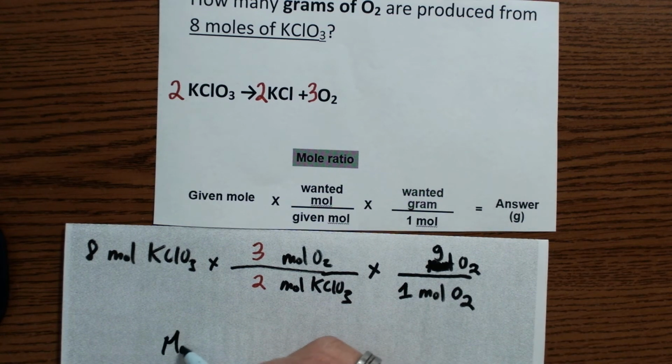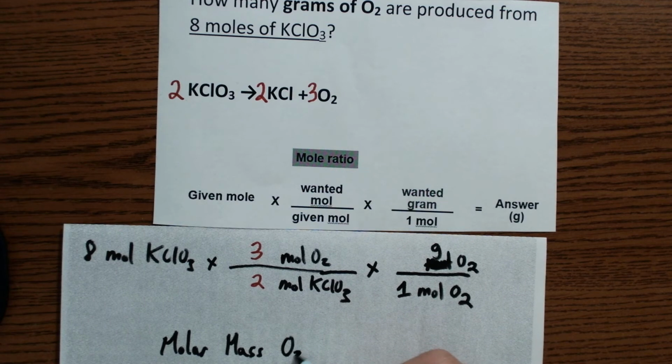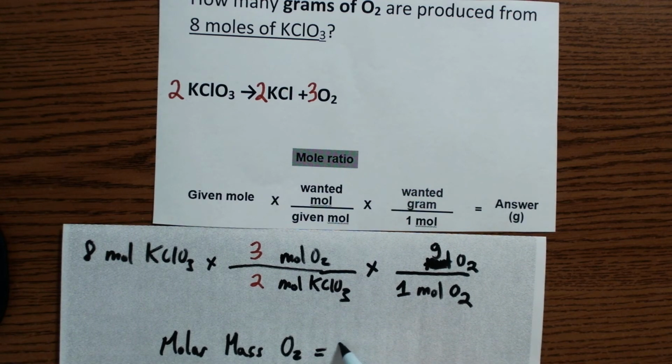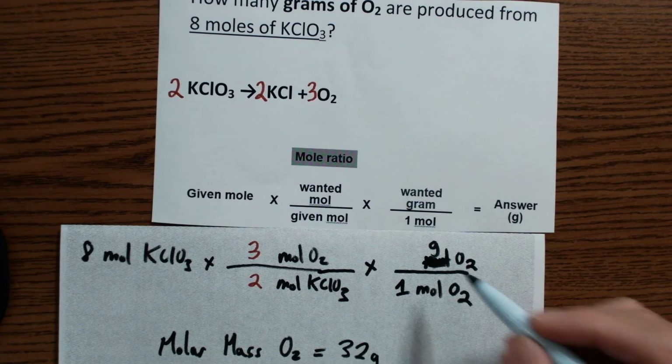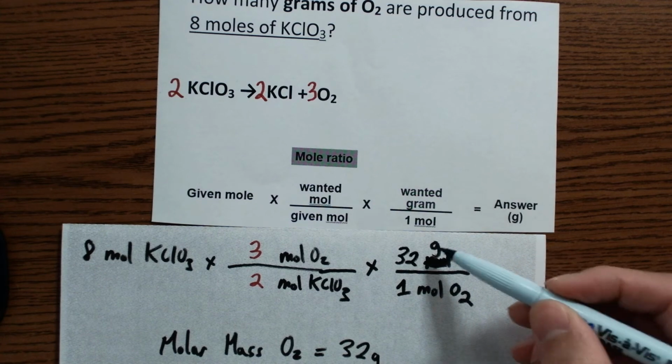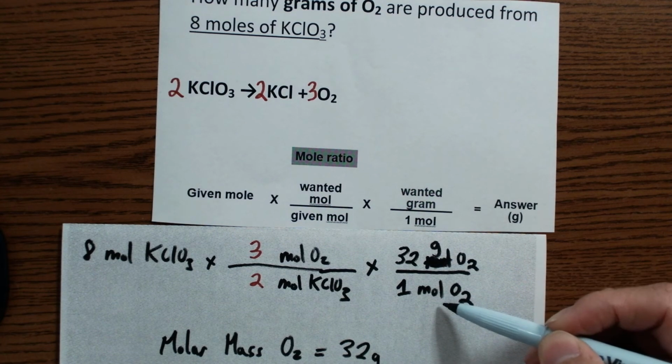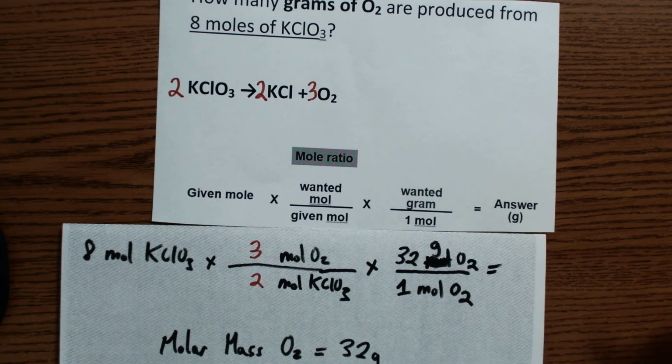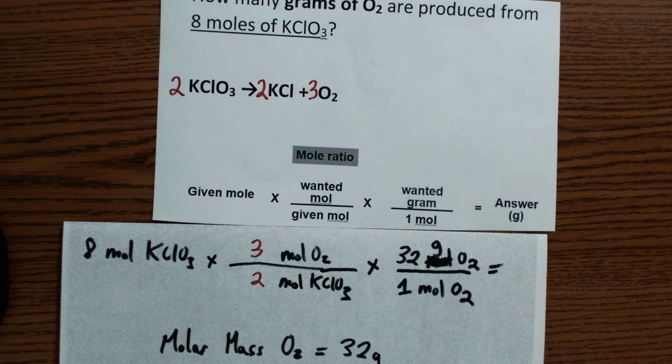So, side calculation here. The molar mass of oxygen is equal to 32 grams. I'm going to take this number and plug it up here, because 32 grams is equal to 1 mole. All right, so now I'm going to multiply across on the top.